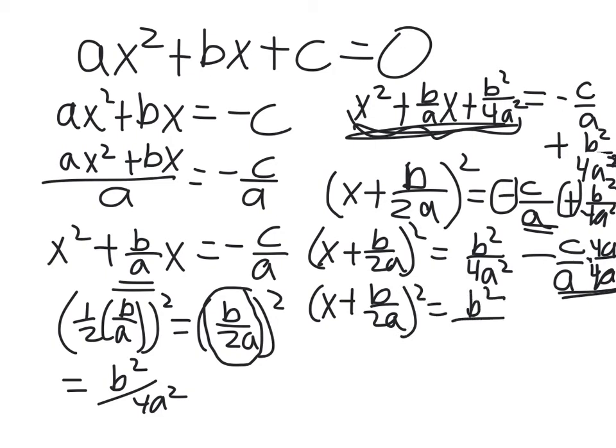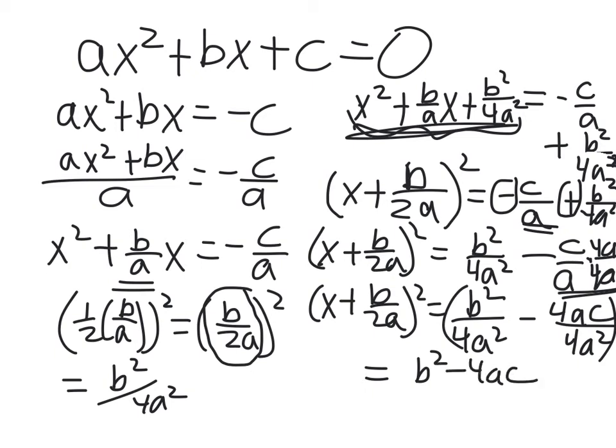Get b squared over 4a squared minus, now c times 4a, again the typical way to write that, reorder it. Anytime we're dealing with letters, it's usually alphabetically. And then over 4a squared. So combine this side as one fraction now. We get the b squared minus 4ac all over 4a squared.